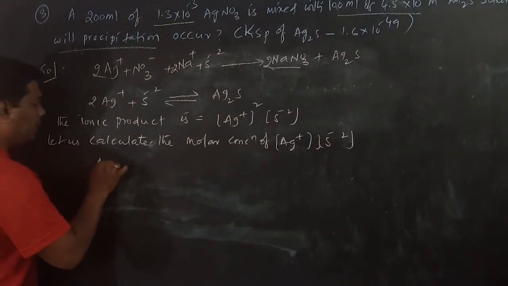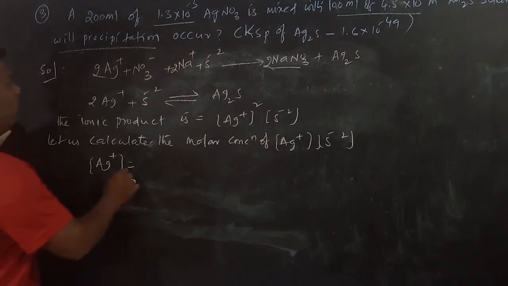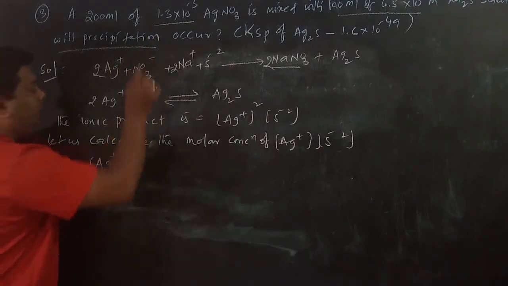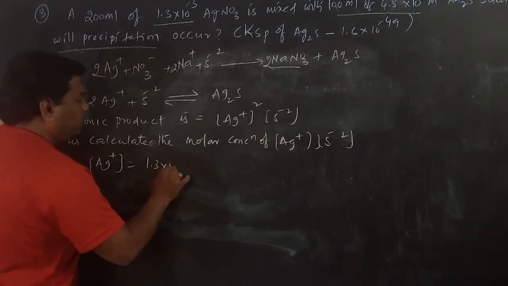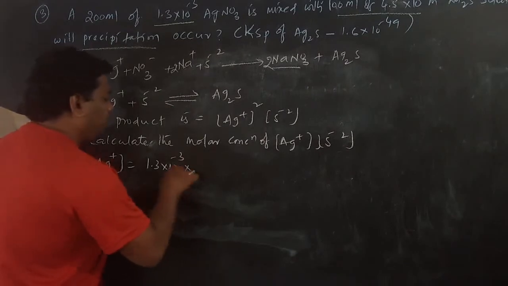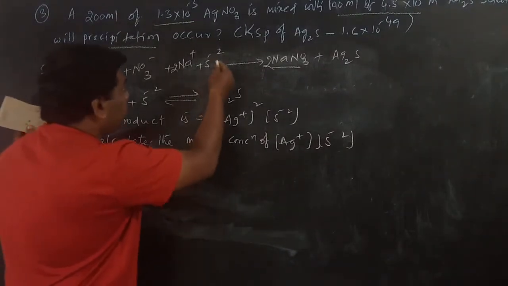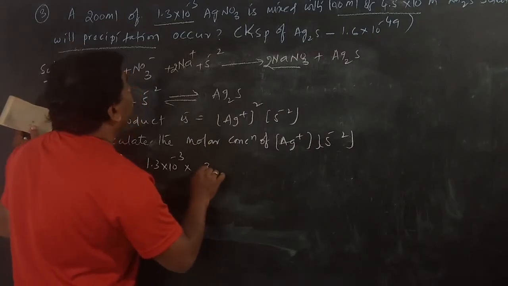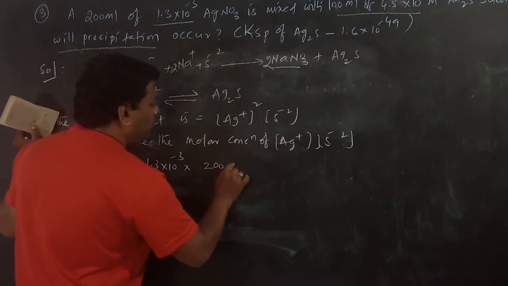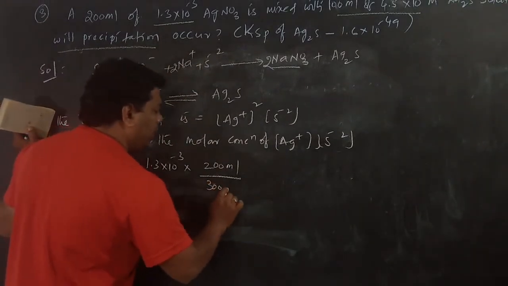First of all we will calculate the Ag+ concentration. Here the molar concentration of Ag+ is 1.3 × 10^-3 into 200 ml, since it is present in 200 ml. Then the total volume of the solution is 300 ml.